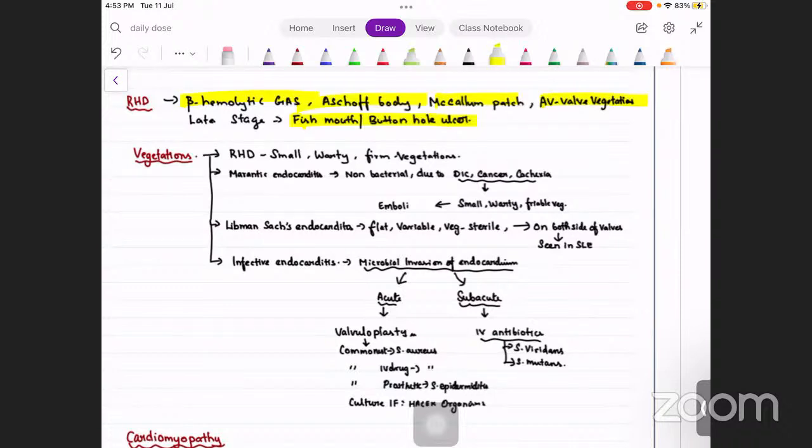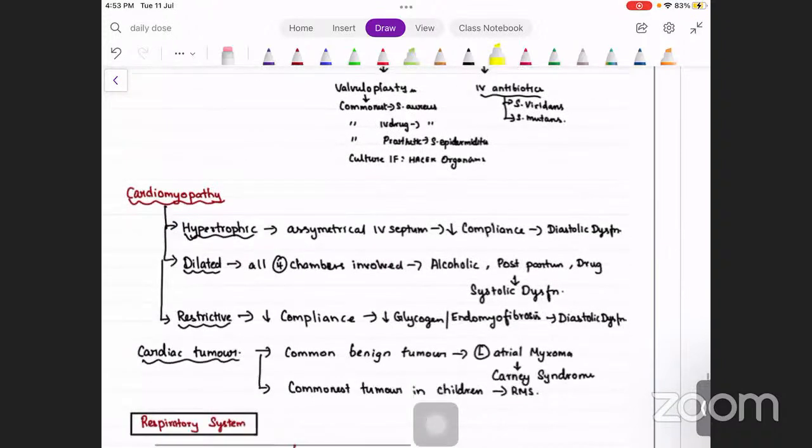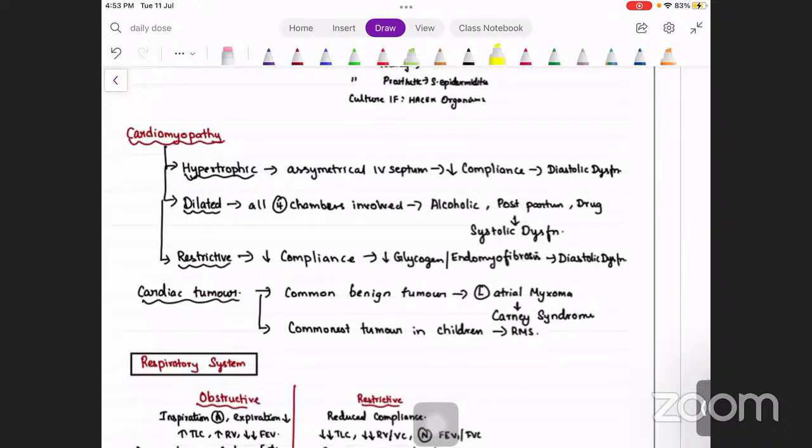Fish mouth or buttonhole ulcers, you may see in the RHD. Apart from that, cardiomyopathy: hypertrophic, dilated, and restrictive. Hypertrophic is asymmetrical, the IV septum is the structure involved, lack of compliance, diastolic dysfunction. While dilated is a systolic dysfunction. While restrictive has a lack of compliance, and again, it is a diastolic dysfunction.